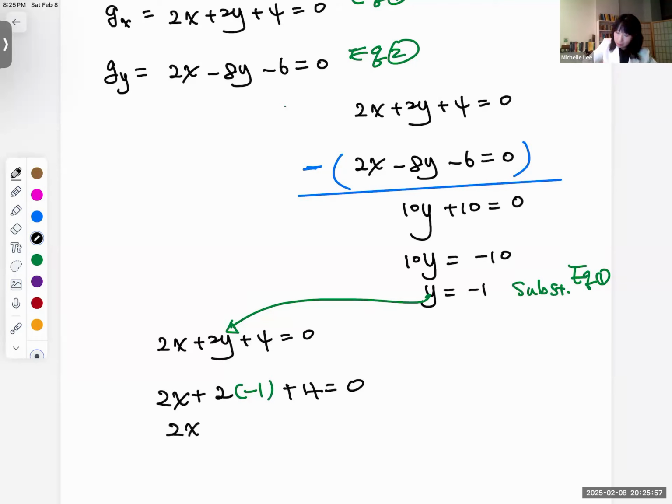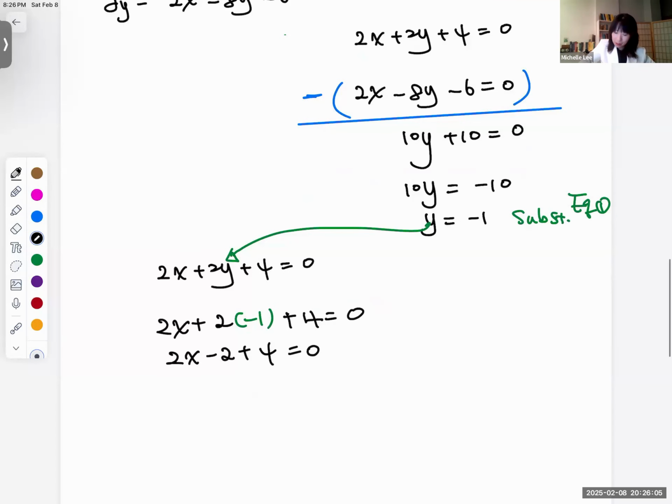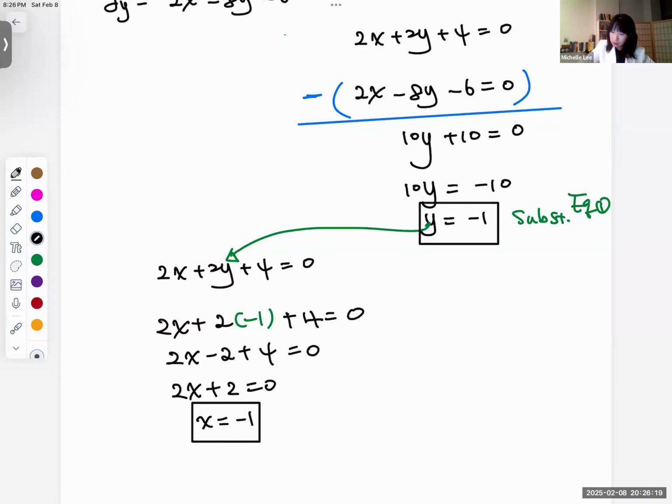So 2x minus 2 plus 4, 2x plus 2 equal to 0, x equal to negative 1. So we have x equal to negative 1, and y equal to negative 1.